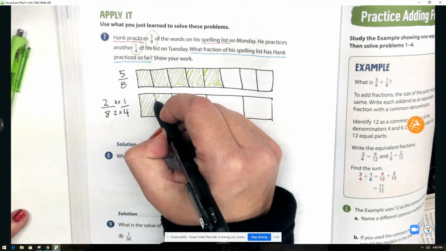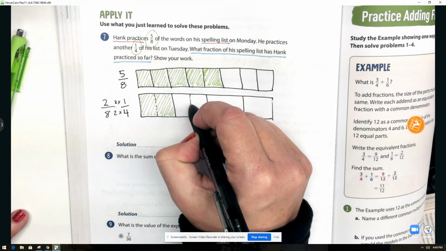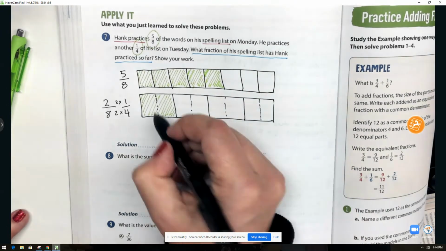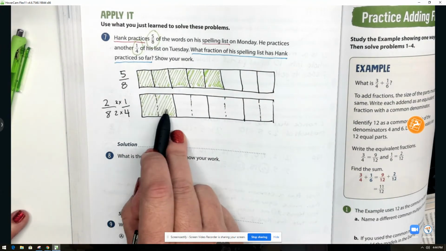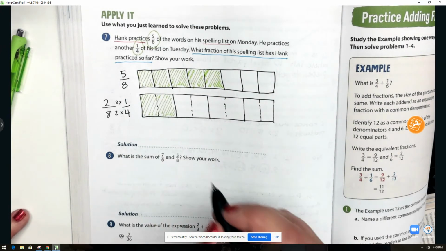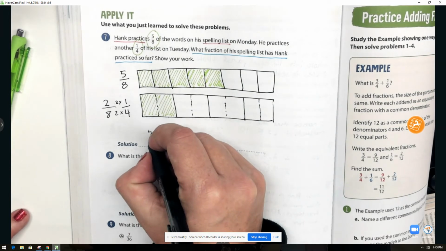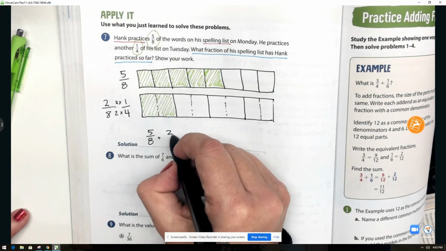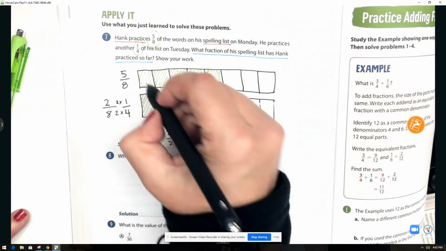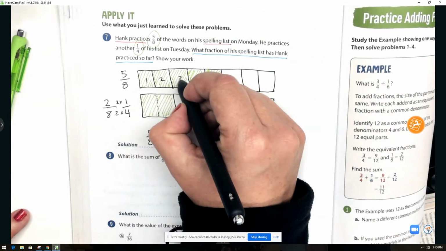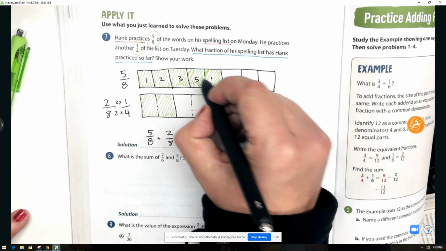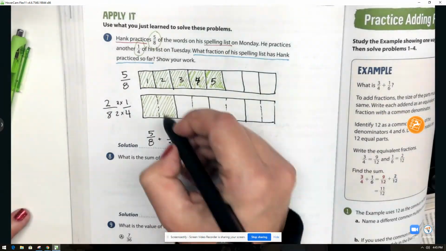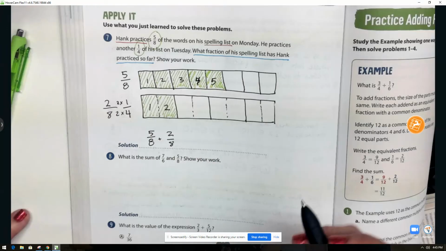If I wanted to take this bar and break it into eighths, I can see that I have 2/8 shaded in. So now I can add 5/8 plus 2/8, because I have 1, 2, 3, 4, 5, and then here I have 1, 2.